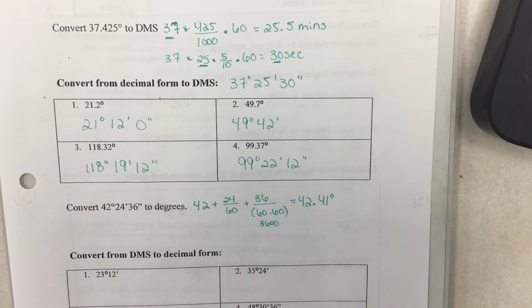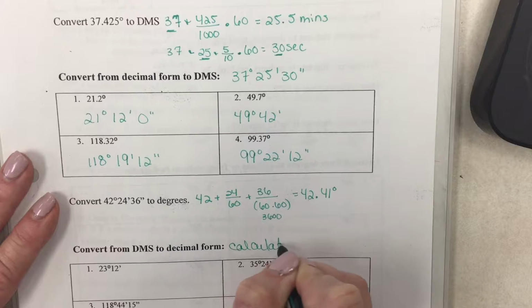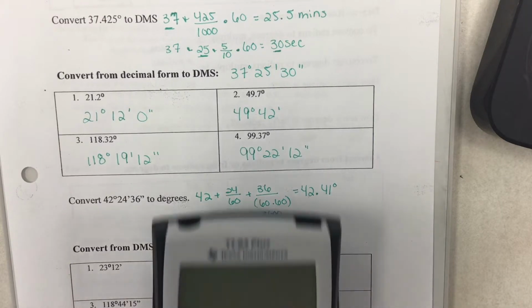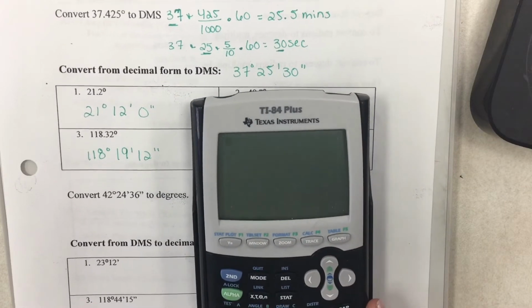And just like what we saw before, our handy-dandy calculator will allow us to do this without having to do the algebra behind it. Okay? So now on our calculator, we're going to be utilizing the degree, the minute, and the second notation.